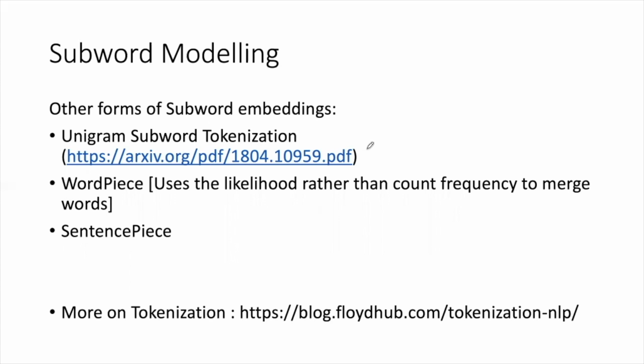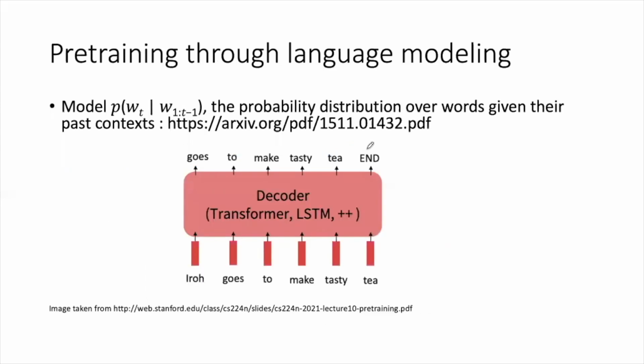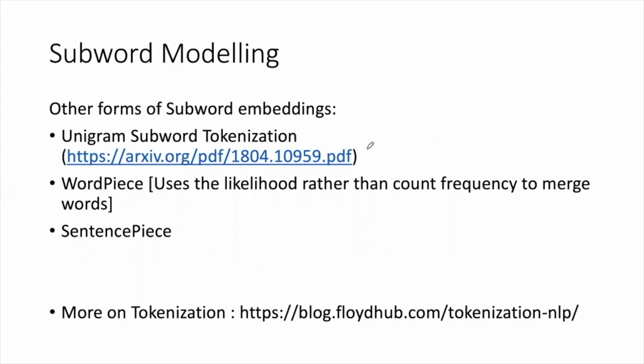Similarly, we have WordPiece tokenization, which uses likelihood rather than count frequency to merge words. We also have SentencePiece. So there are different types of subword modeling techniques. That's typically how tokenization is conducted. We no longer use word-level tokenization. We use subword tokens because there are several benefits associated with them.